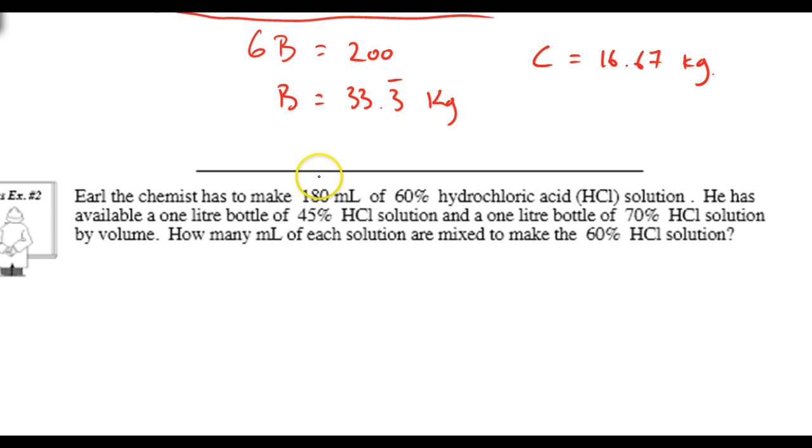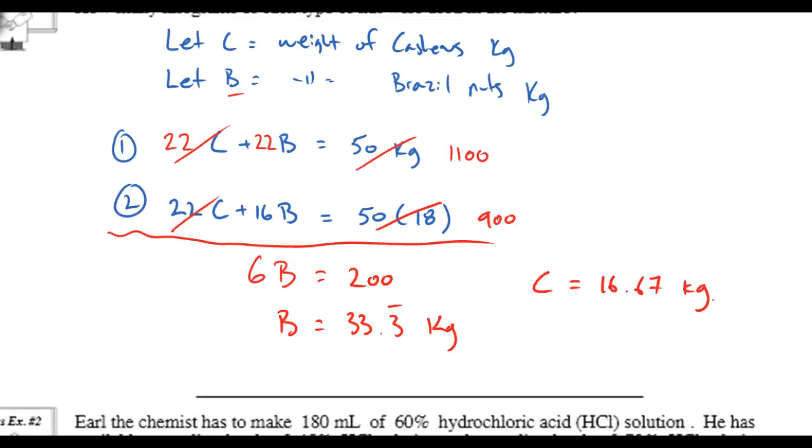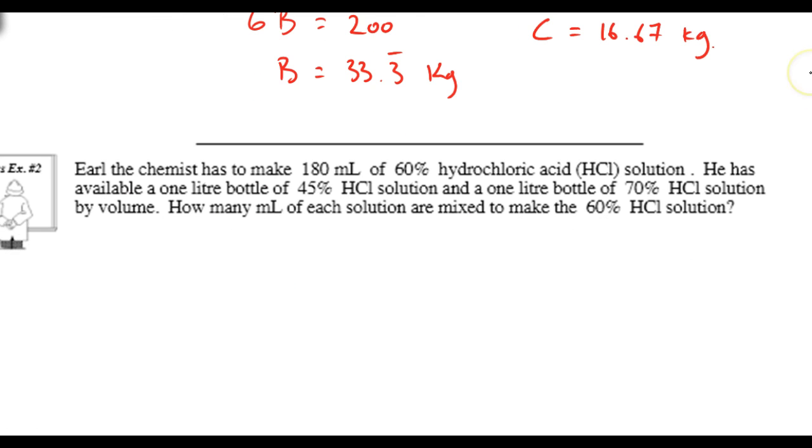So again, the key thing is that you have the quantity and then the concentration as your two equations. Just like in the Brazil nuts problem, where equation 1 was the quantity and equation 2 was the value of the cashew nuts, in this one we're again going to have the quantity of the acid and then the concentrations of the acid. The first one is fairly straightforward.